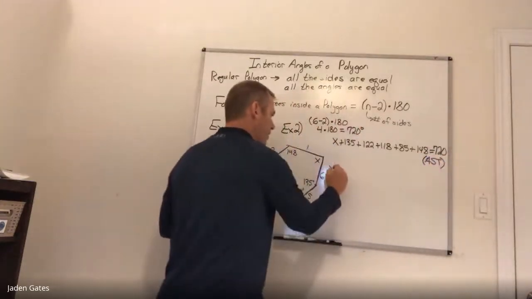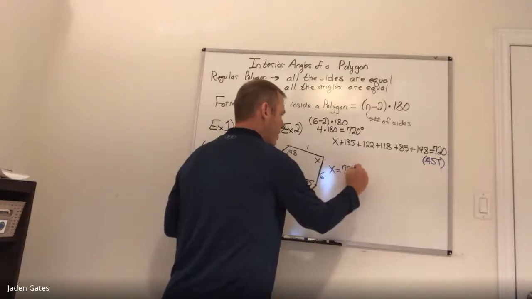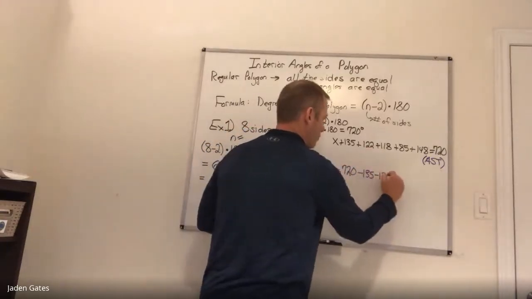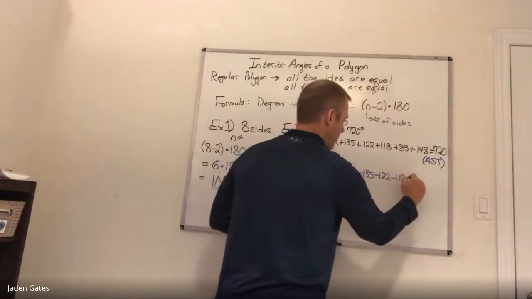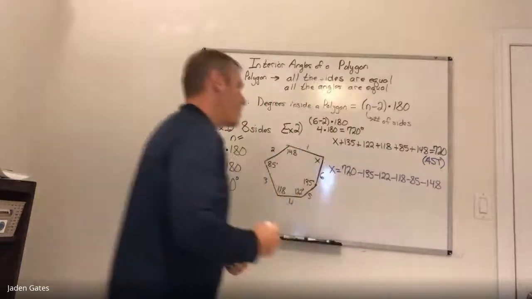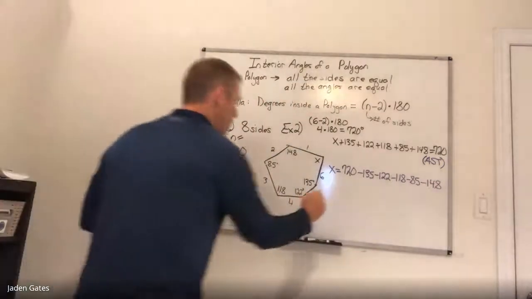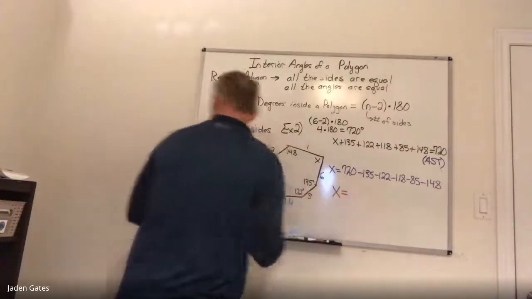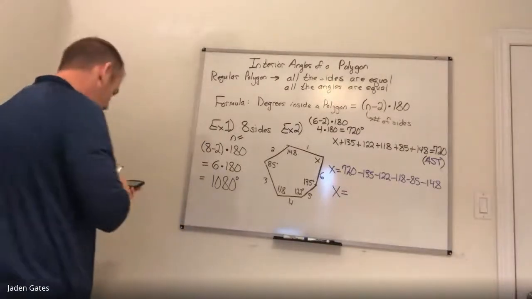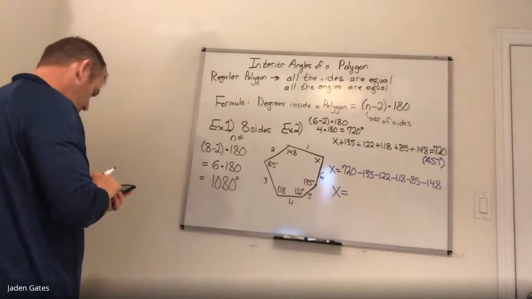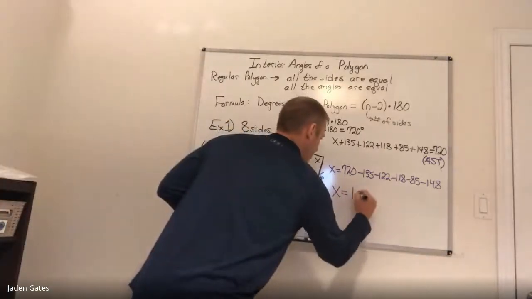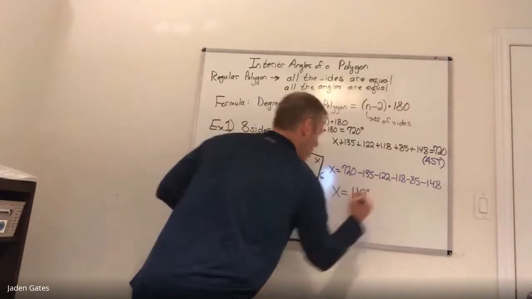All right, and so I got X equals 720 minus 135 minus 122 minus 118 minus 85 minus 148. And that will give me my X value. I take my calculator, and I get X is equal to 112 degrees.